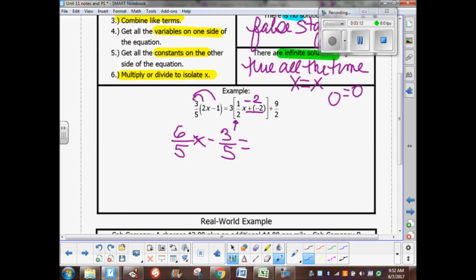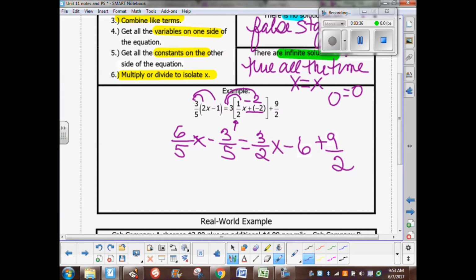And now, I said the brackets are just like parentheses, just distribute. So 3 times 1/2 x is 3/2 x. And then 3 times -2 is -6. And then we've got that plus 9/2 there.